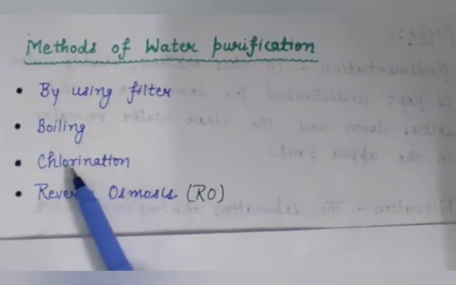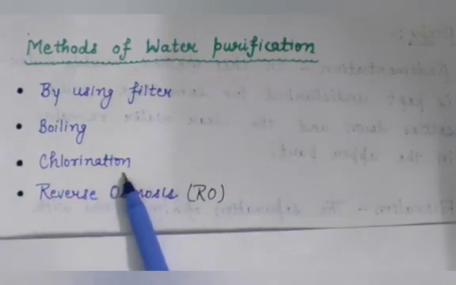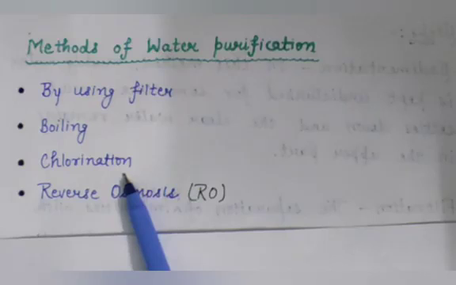The third method is chlorination. Now, what is chlorination? The process of adding chlorine tablets into water is called chlorination. It means chlorine tablets are added to water to purify it, and this process is called chlorination.